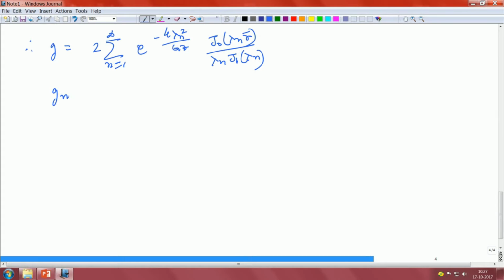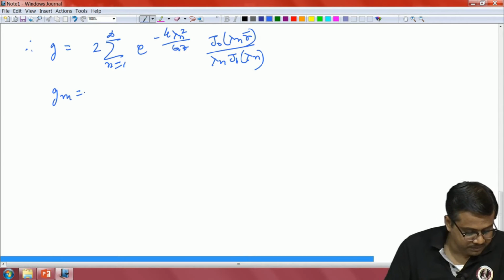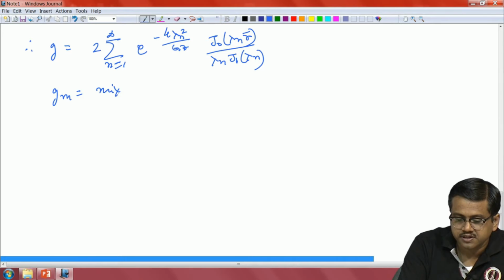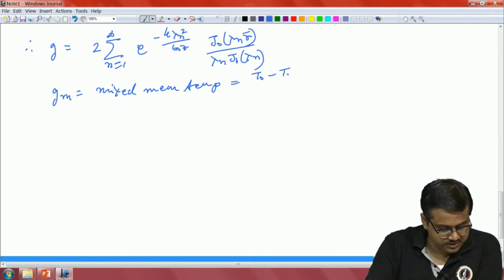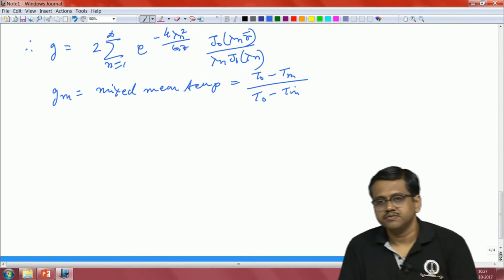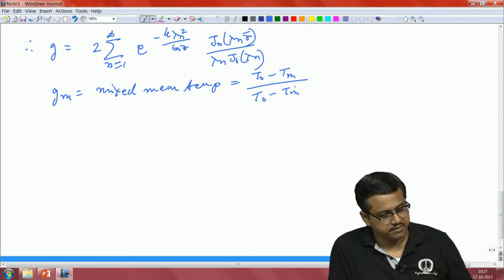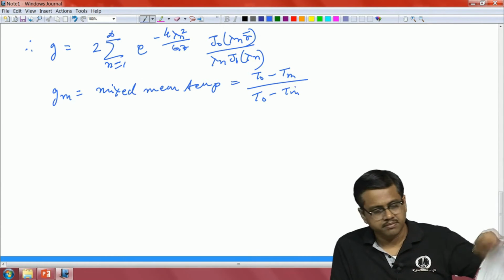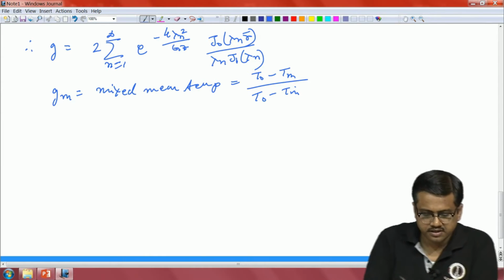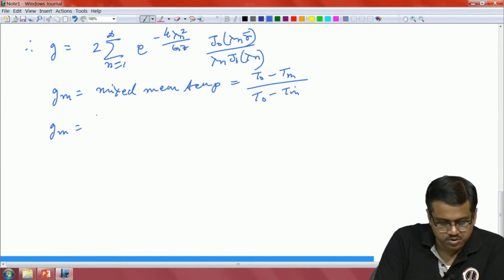So, Gm, which if you recall is the mean temperature or the mixed mean temperature, is given as T naught minus Tm divided by T naught minus T in. So that is the mixed mean temperature that we have. In order to evaluate that, we already know how to do it.